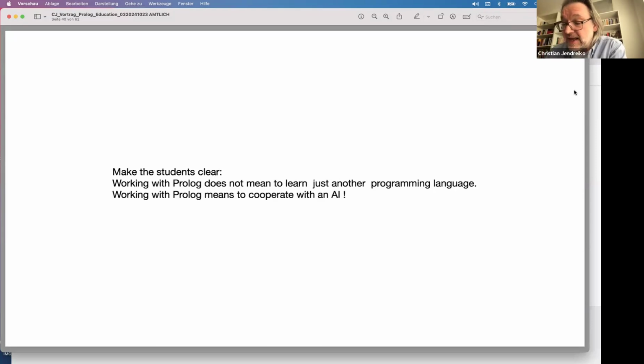And second, make the students clear working with Prolog does not mean to learn just another programming language, but working with Prolog means to cooperate with an AI, with a special kind of AI, an electronic brain that is able to perform backward reasoning, and that it is you who can unleash the generative power of this automatic backward reasoning.